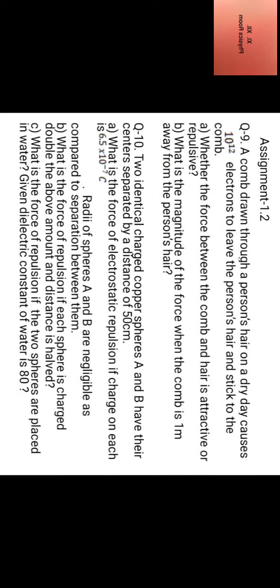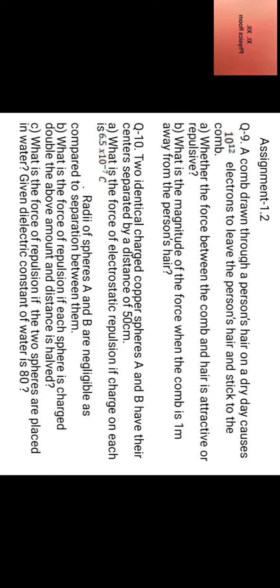Question number 10. Two identical charged copper spheres A and B have their centers separated by a distance of 50 centimeter. A. What is the force of electrostatic repulsion if the charge on each is 6.5 into 10 raised to power minus 7 Coulomb? Radii of spheres A and B are negligible as compared to the separation between them.